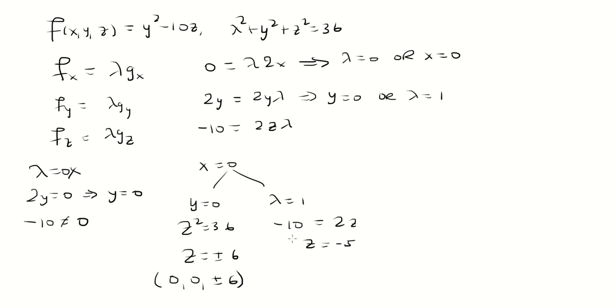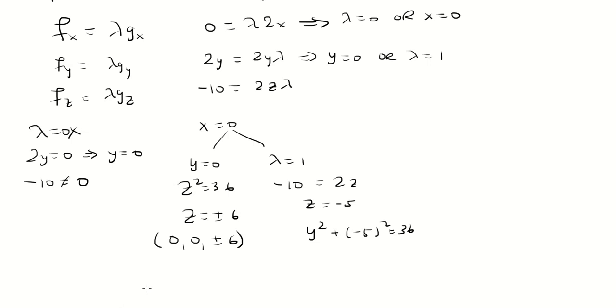And so now we would need to solve for y by plugging it in. If x is 0, so that's 0 squared, which is 0, plus y squared. Well, we want to solve for y. And then z is negative 5 squared equals 36. Simplifying, we have y squared plus 25 equals 36. y squared equals 11, so y is plus or minus square root of 11.